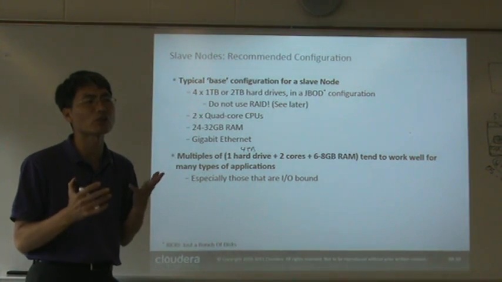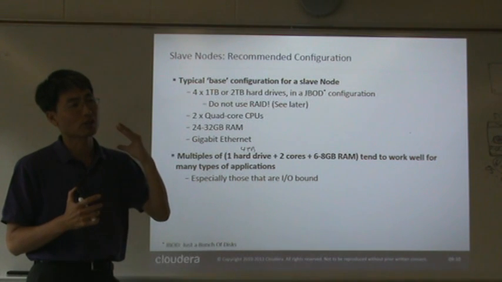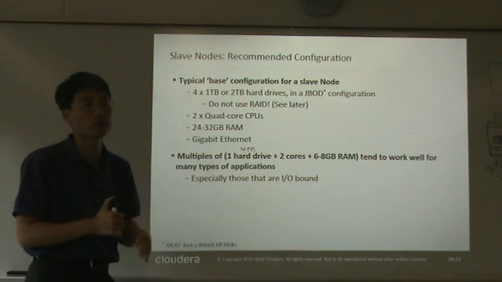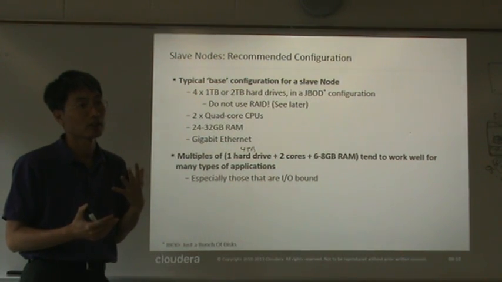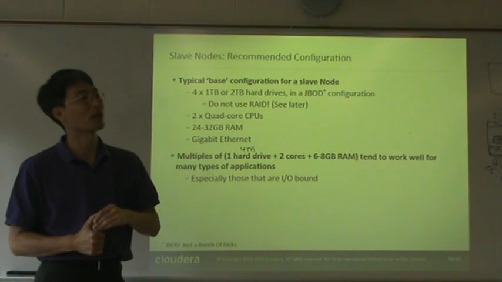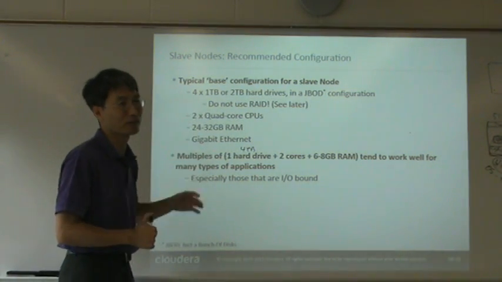Something around 1,000 to 1,500. I think 1,500. So usually 2,000 bucks for each data node is recommended. It's not expensive compared to a real cluster, which sometimes costs several millions, and their output is not better than such.